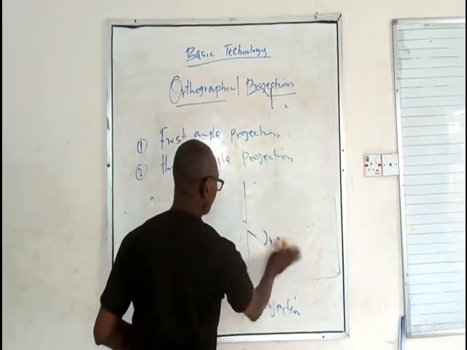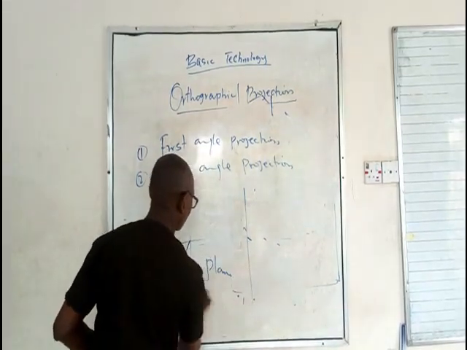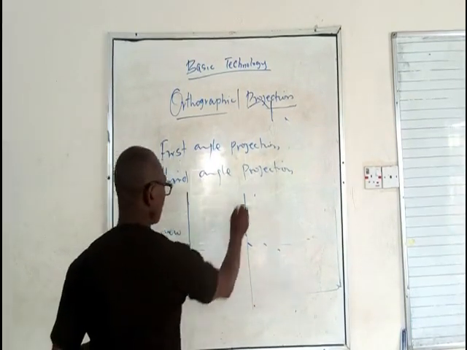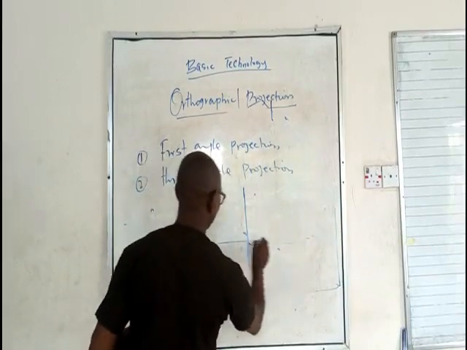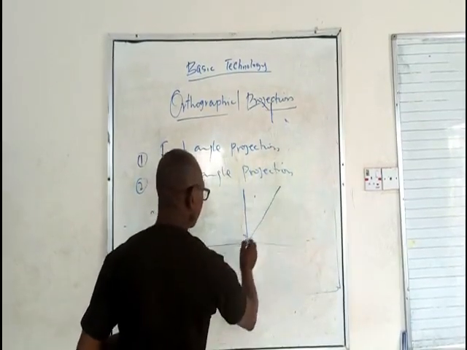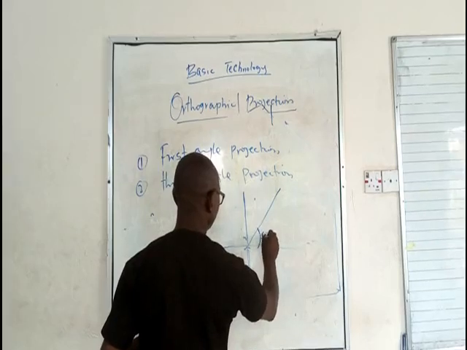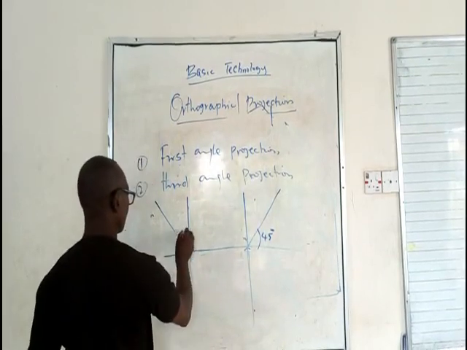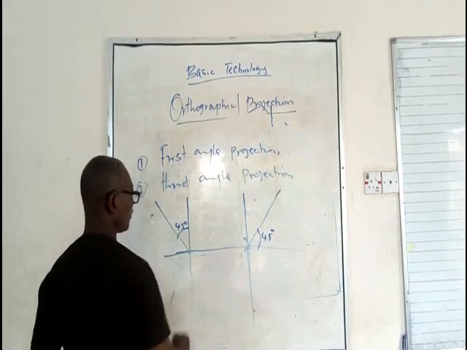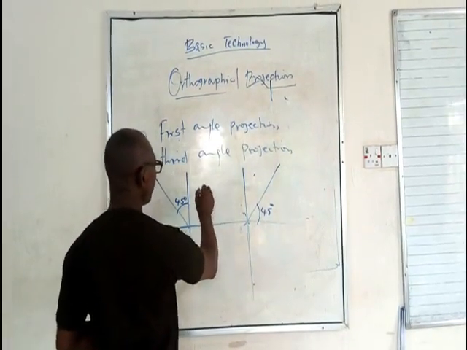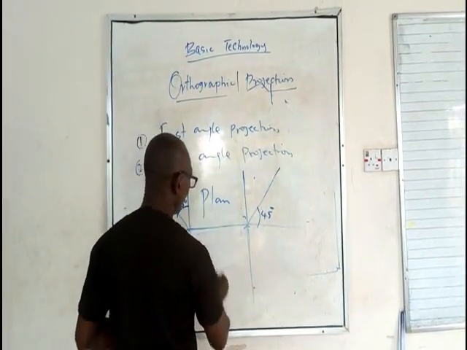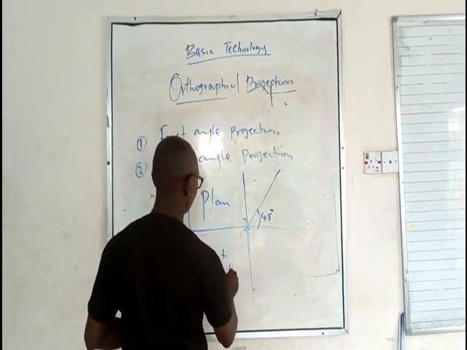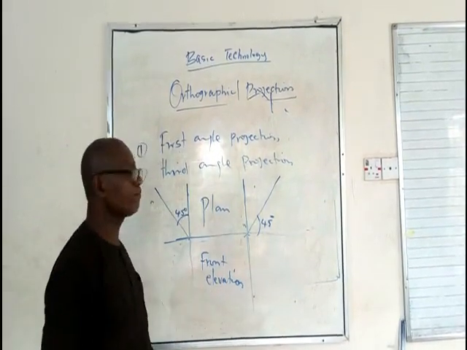In the third angle projection, I'm saying that it's just the reverse of whatever you had before in the first angle projection. Here in this case you have 45 degrees. In this case, the plan will come up, while the front elevation will be below the plan.